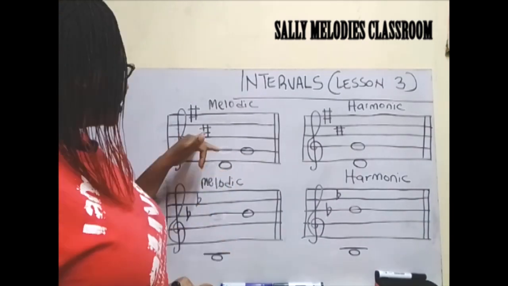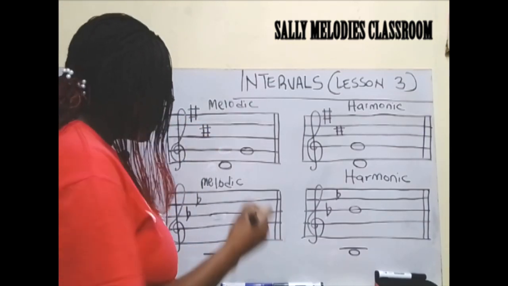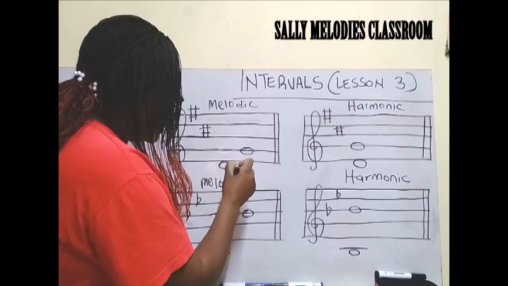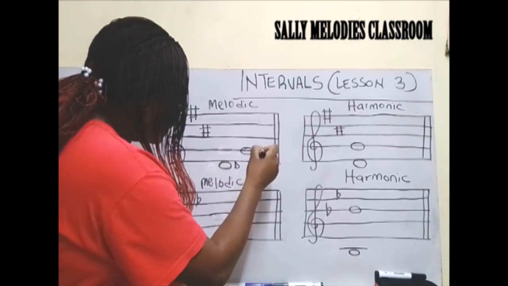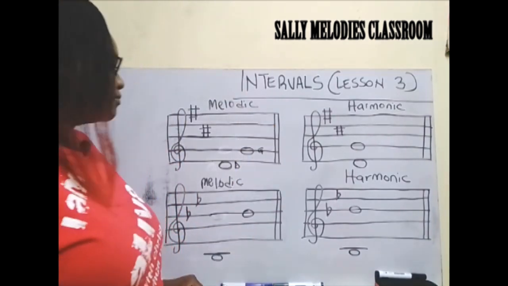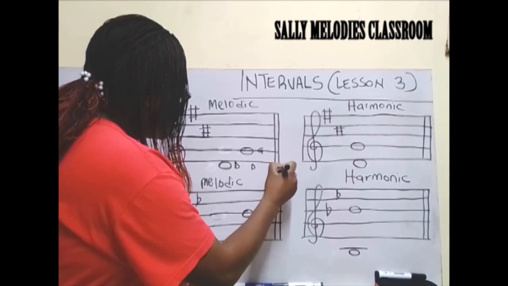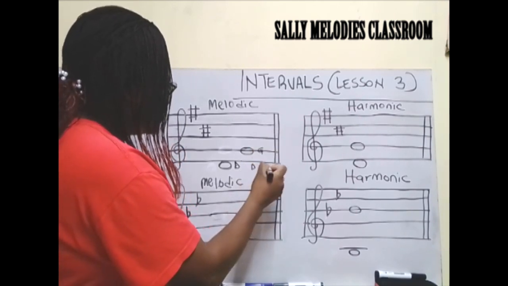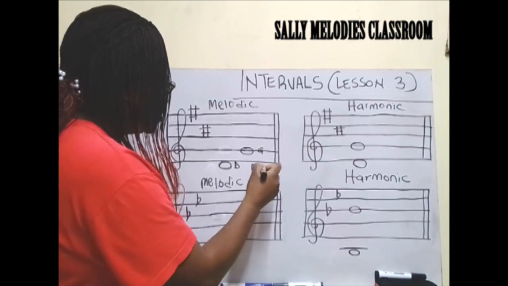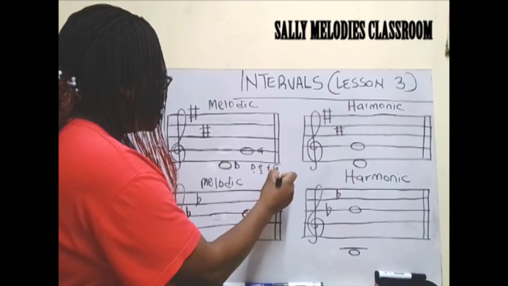For example, this is D major, meaning that our first note here is D. D, E, F, G. So, from D to G, in between here we have E and we have F. So, 1, 2, 3, 4.